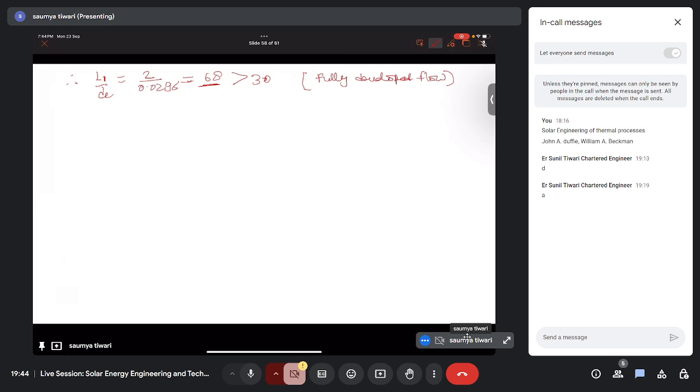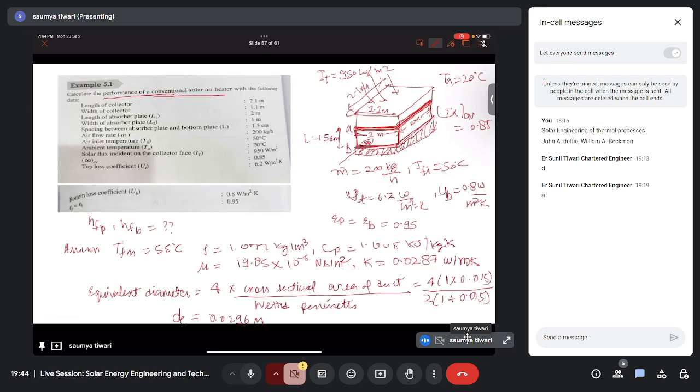Because the empirical relation that we have seen is for fully developed flow in a smooth surface duct, first we need to ensure that at a given condition our flow is fully developed or not. So that we have checked. Now the air flow rate is given.